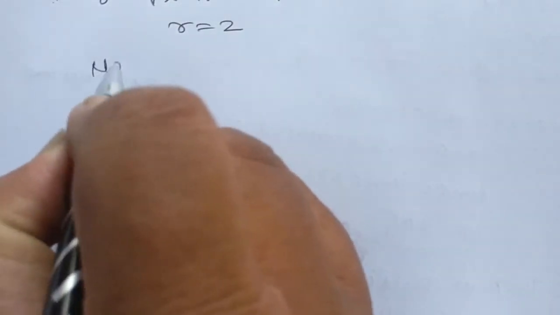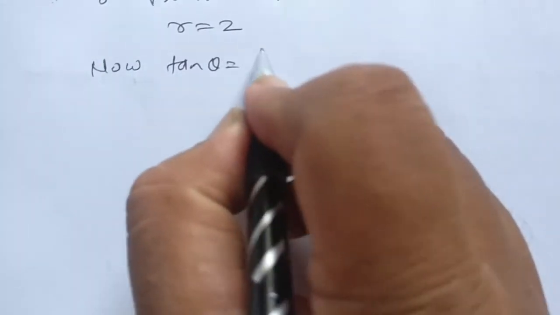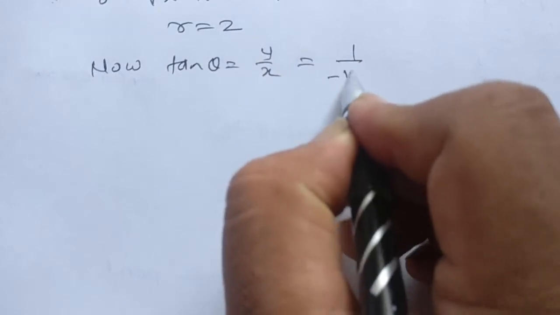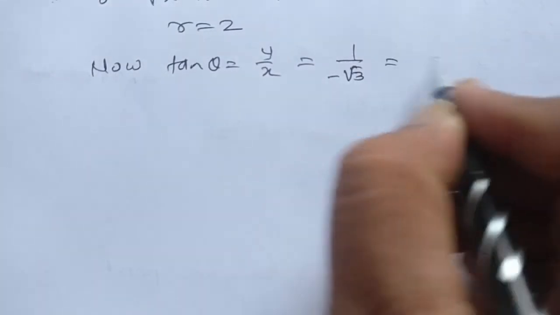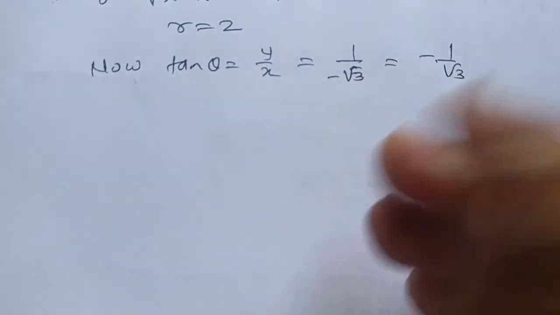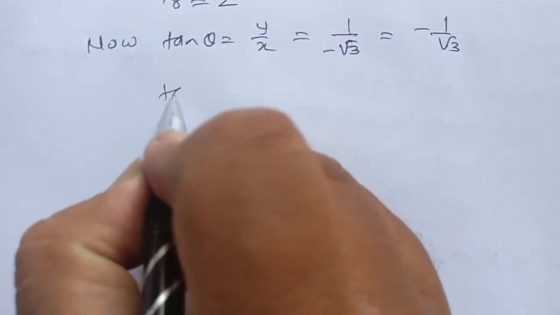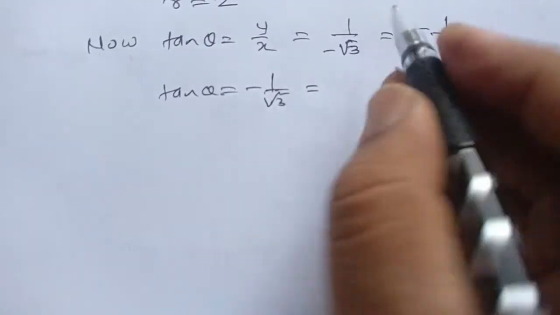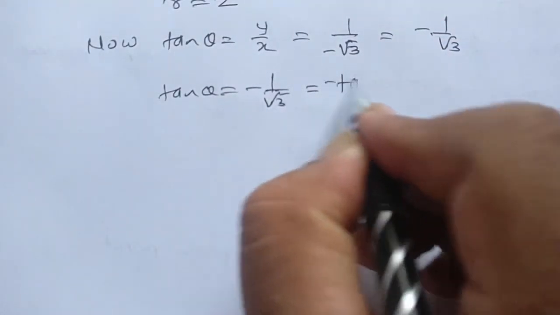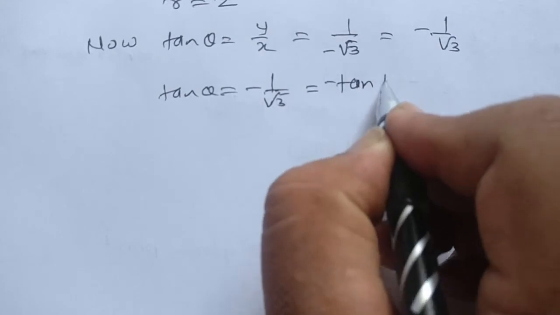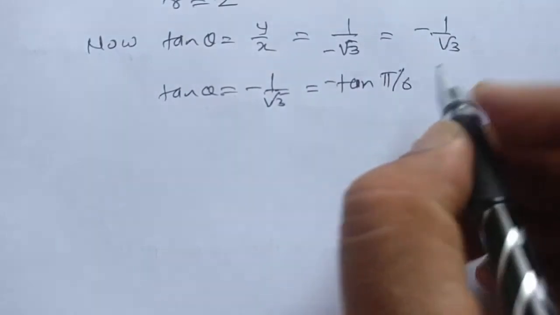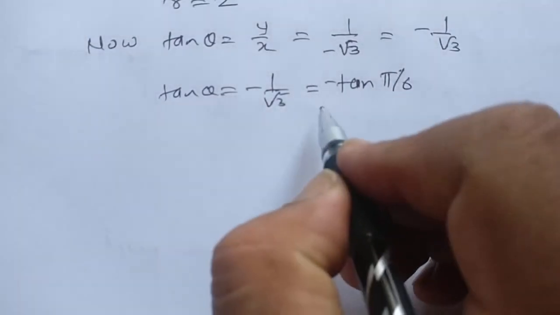Now tan theta is equal to y upon x. Y is 1 and x is minus root 3. So it is minus 1 upon root 3. So tan theta is equal to minus 1 upon root 3, which gives minus tan of pi by 6, that is 30 degrees.